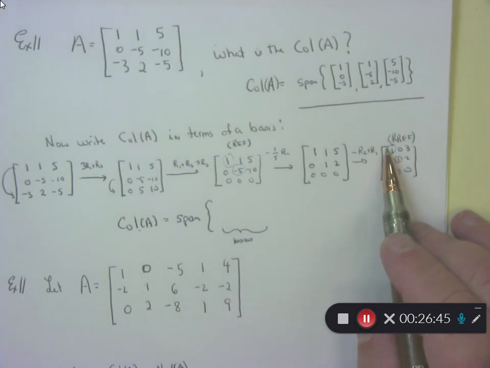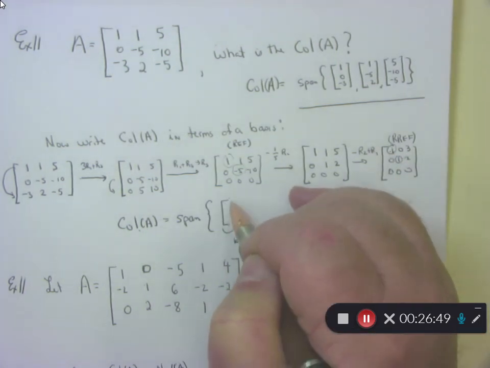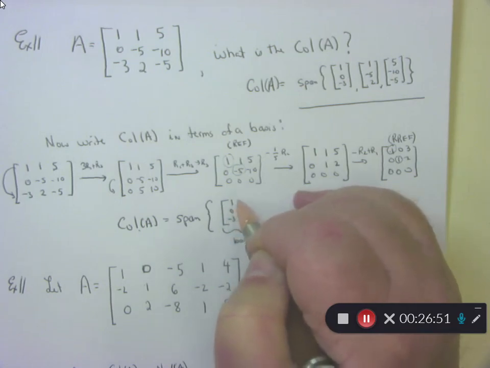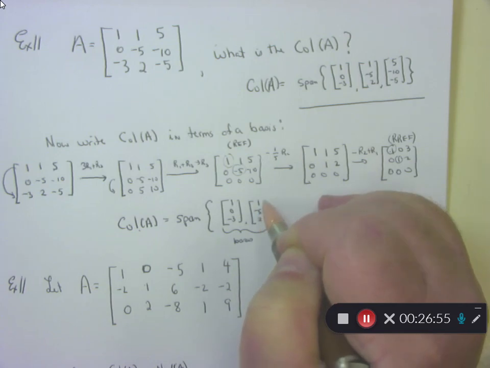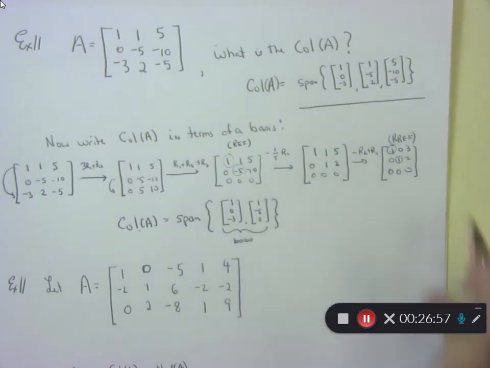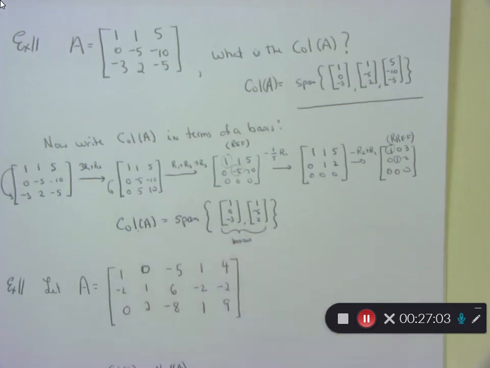The first vector and second vector. It's actually these vectors here: 1, 0, -3, and 1, -5, 2. Does that make sense? This is a basis, and the span makes the space.